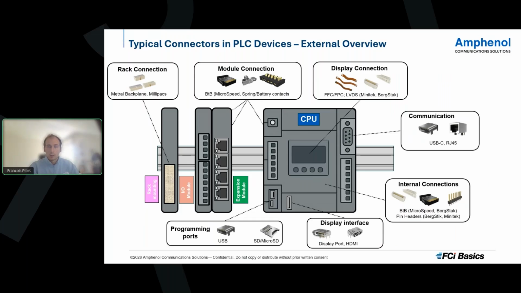We have connectors on the display connectivity with FFC FPC, the display interface with HDMI connectors, the communication ports with the USB-C, RJ45, the programming ports with the SD, micro SD type of connectors. We have also the internal connections that we will see in more detail later on, and the rack connections with Metro and backplane.